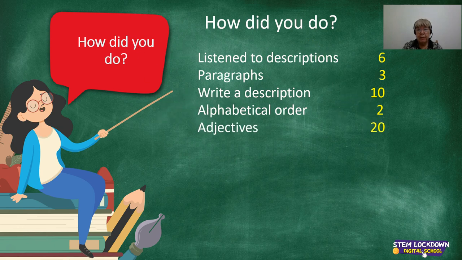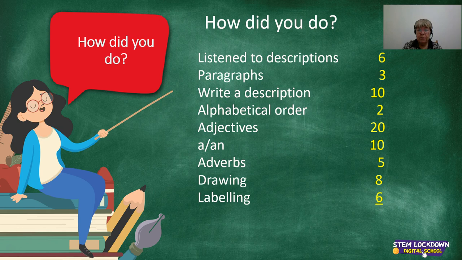You compared adjectives, that was a biggie, 20 marks. You did a or an, that was 10 marks. You identified adverbs, that was 5 marks. You drew an Amur leopard, that was 8 marks. And you labeled your Amur leopard. And it came to 70 marks out of 70. How did you do?